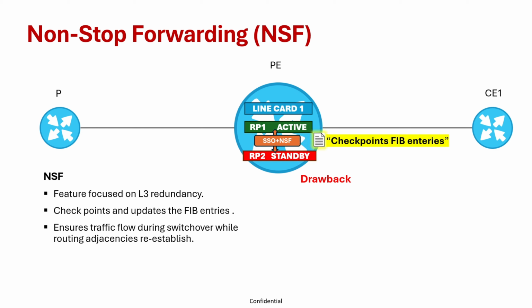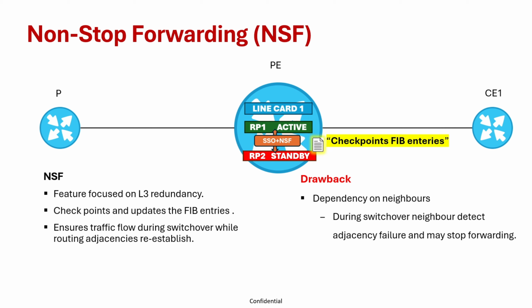Now there is a drawback in this as well. During switchover, though the local router will continue forwarding, the neighbor routers detect the routing adjacencies going down and may stop forwarding traffic to the router. You got my point, right? The local router will not be affected.